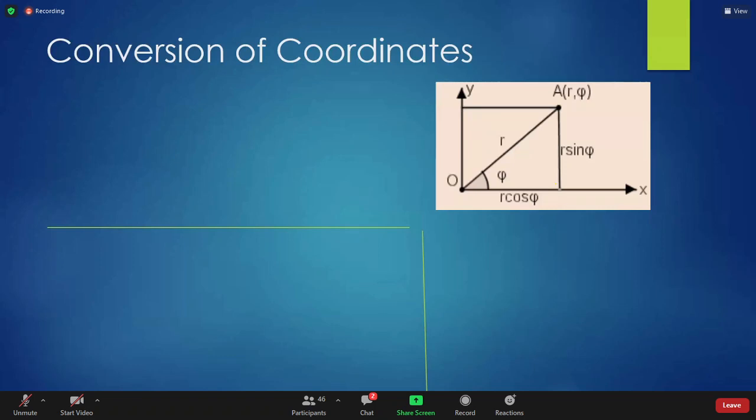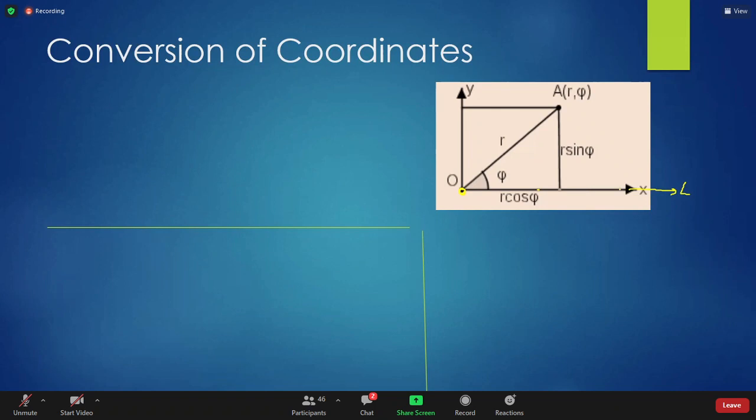converting between polar coordinates and rectangular, Cartesian coordinates. We assume that the pole is the same as the origin of the Cartesian coordinates, and the polar axis is the same as the positive x-axis. Then a point could have polar coordinates, let's say r, phi, or it could have Cartesian coordinates x, y, different systems.